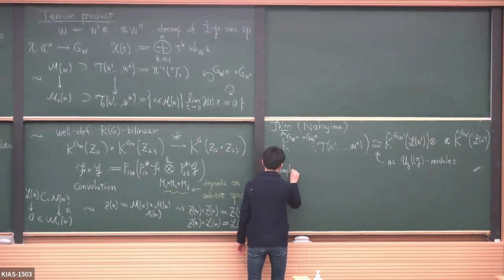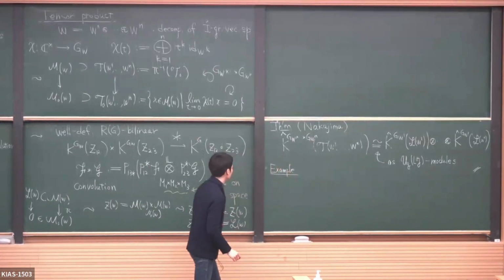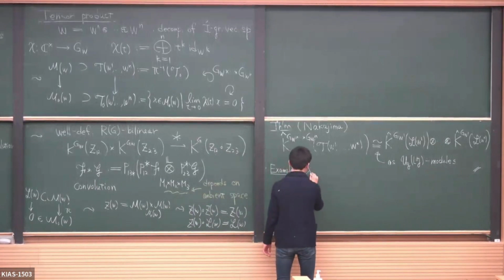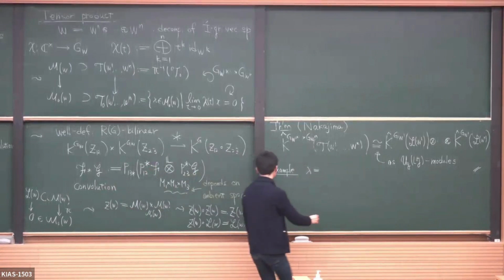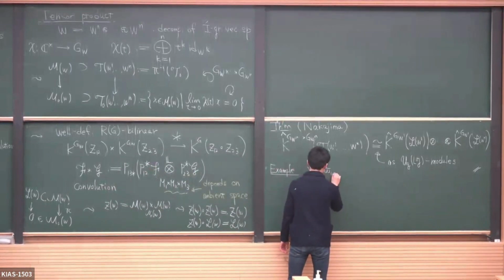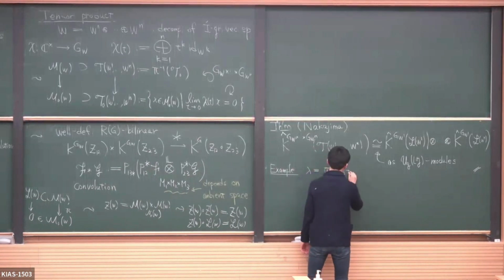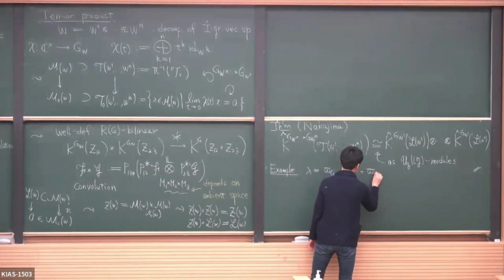As an example of this construction, we can see the following thing. Let us assume that our lambda here is a sum of fundamental ones, i_1 p_1 plus ... plus i_n p_n.